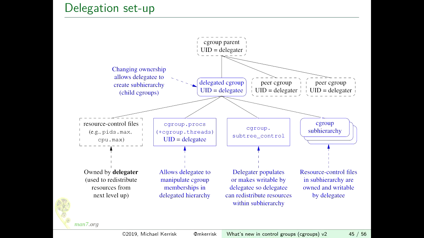But what doesn't get changed is the ownership of these resource control files, because they're being used from the level above to control the resources that are being distributed into this cgroup. So things like pids.max, cpu.max. And of course, as the unprivileged delegatee creates new child cgroups under the hierarchy, those child cgroups are automatically owned by the delegatee.